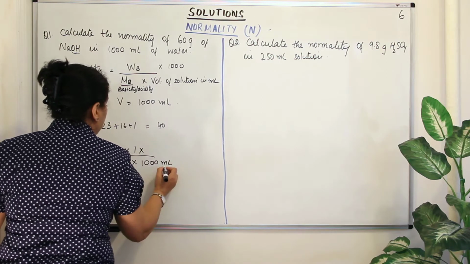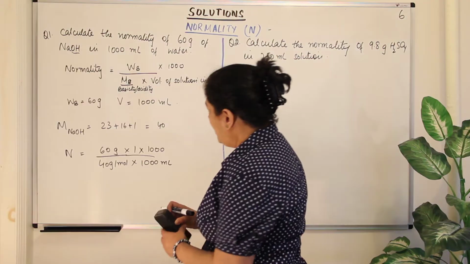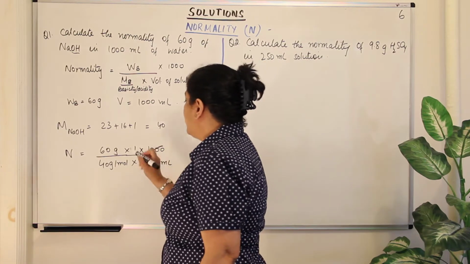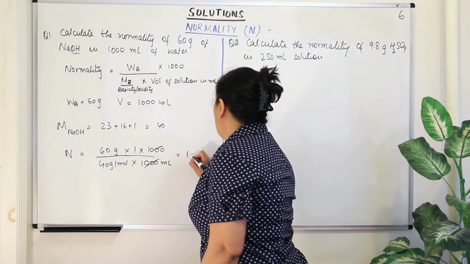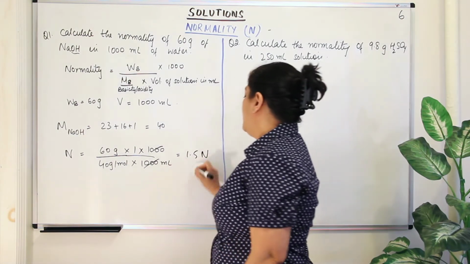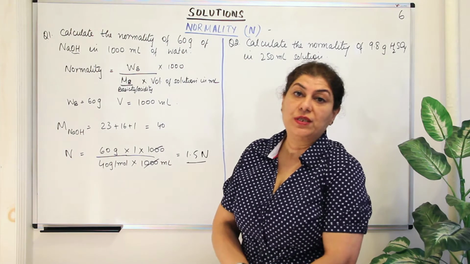And since it is given in milliliters in this equation, the 1000 and 1000 get cancelled, and 60 gram over 40 gram would be equal to 1.5 normal. So that's the solution of this question.